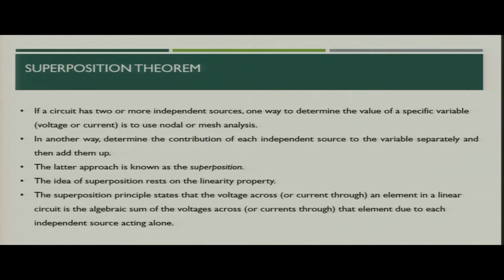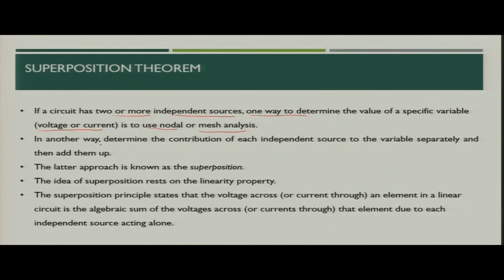Now, let us talk about one important theorem called the superposition theorem. If a circuit has 2 or more independent sources, one way to determine the value of a specific variable, that is maybe voltage or current, is to use nodal or mesh analysis, which we discussed in the previous week.